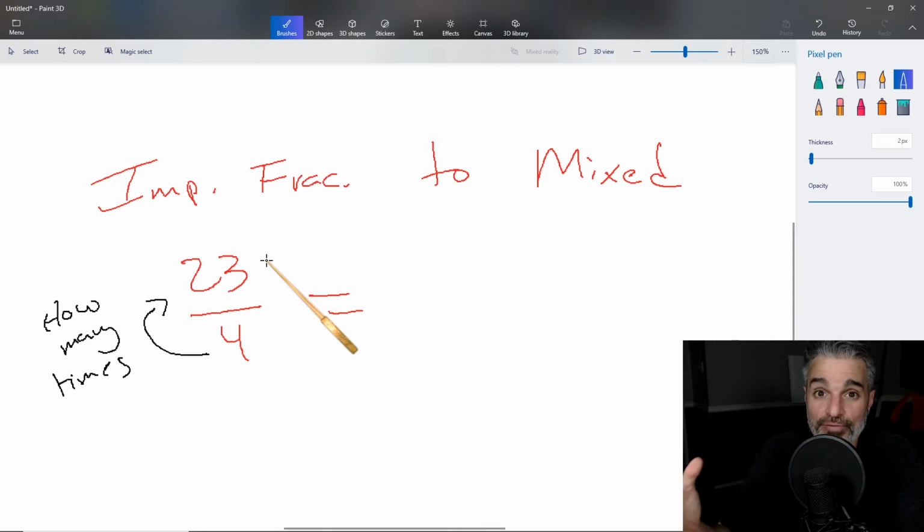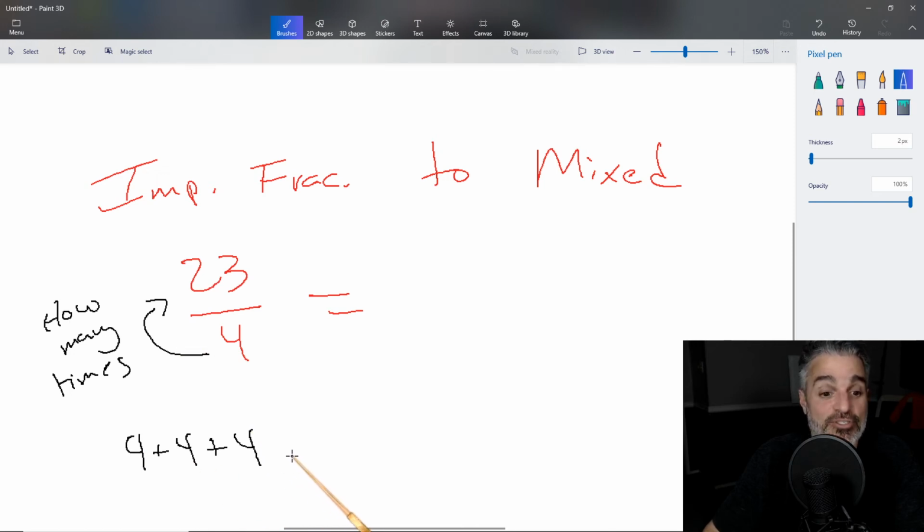But if you don't know your facts, start counting. How many times can I put 4 inside 23? Well, let's start here. 4 plus 4, that's 2 times, that's 8. Plus 4, 3 times, that's 12. Plus 4, 4 times, that's 16. Plus 4, 5 times, that's 20.